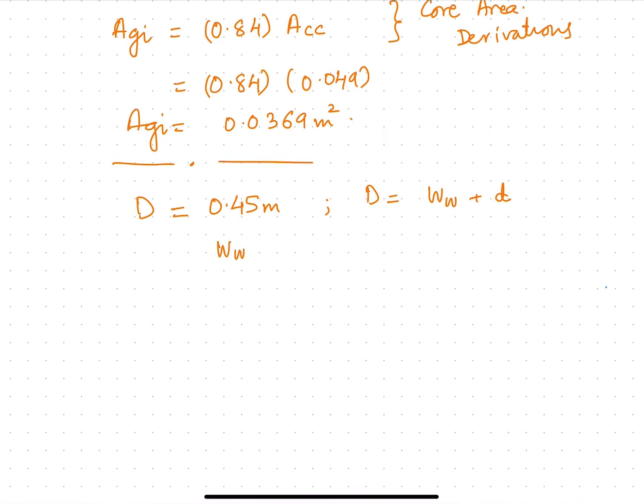So the width of the window is capital D minus small d, that is equal to 0.20 meter, and of course height of the window can be calculated using area of the window divided by width of the window, so that comes out to be 0.335 meters.